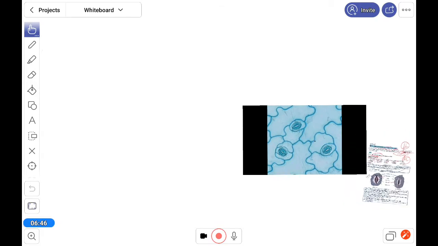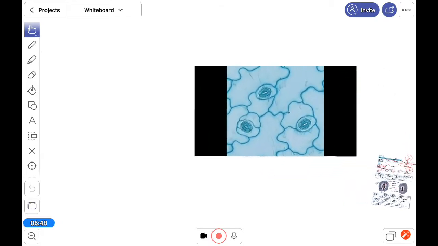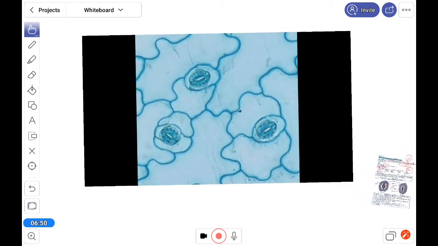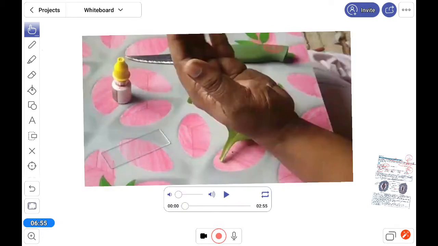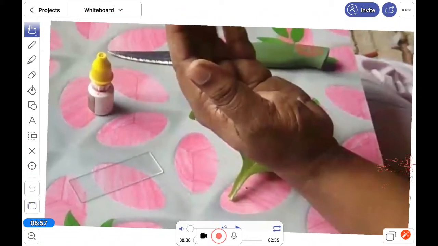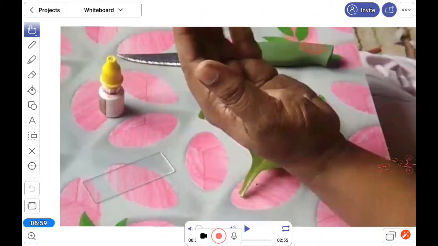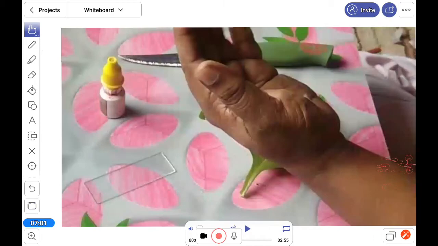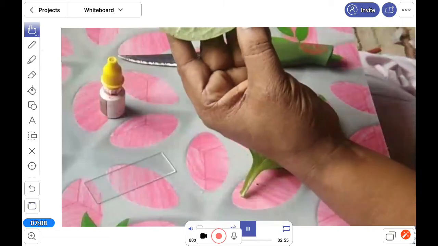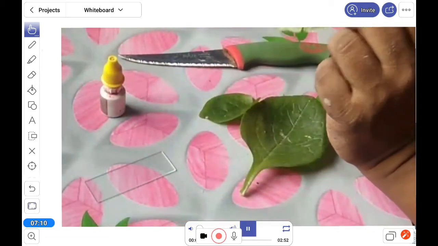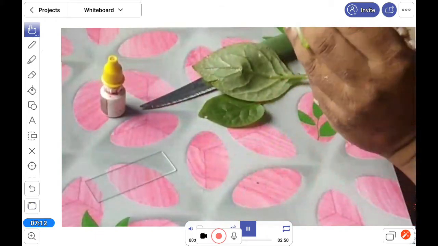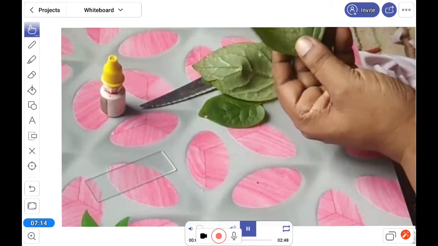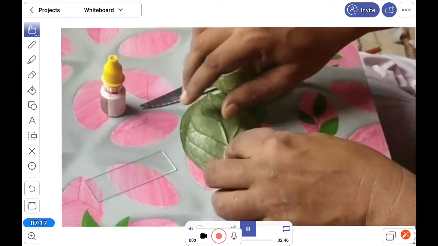Okay, in this video, let us see the first part once again, how we can do it. This part is a little bit complicated, other parts are not. First we have to check the upper and the lower surface. If we want to peel the lower surface, then the lower surface should be in front.